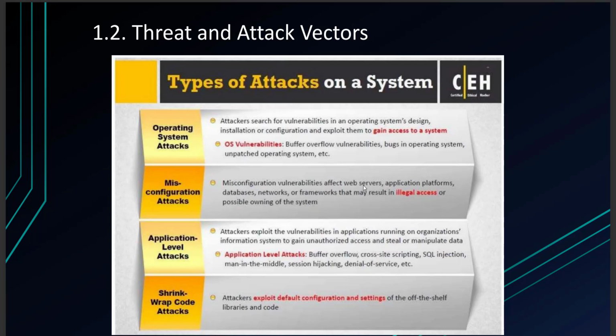So the misconfiguration is not only in the web servers, in the physical devices, but also on the application level as well, databases, the whole network, the frameworks, even the tools. So it may result in illegal accessing to the system or to the app, or performing illegal actions, modifying data, or even owning the whole system. So misconfigurations, we talked that they can also happen on the application level.